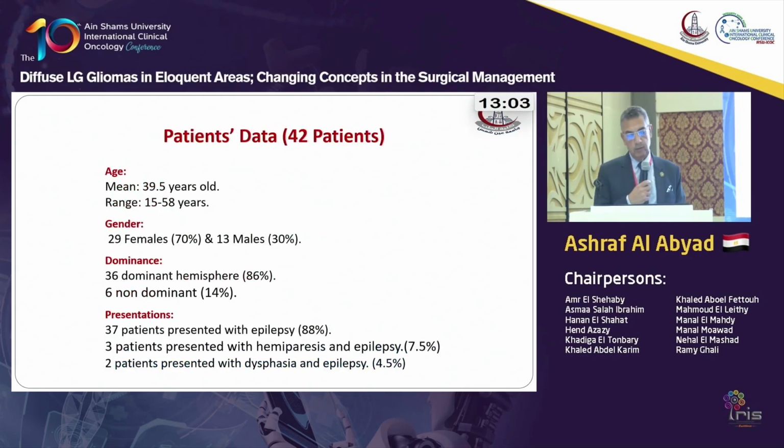We have operated on 42 patients. The age ranged from 15 to 58 years. Most of them were females. All of the patients presented with epilepsy, and 5 of them presented with additional neurological deficit, either hemiparesis or dysphasia.